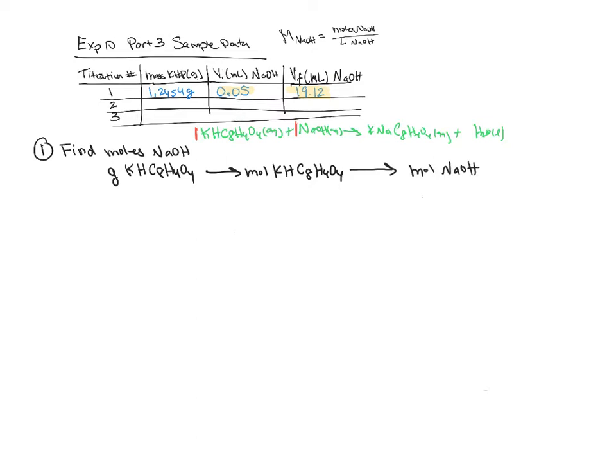Again, we convert from grams to moles using molar mass from the periodic table of the potassium, 5 hydrogens, 8 carbons, and 4 oxygens. We can convert from moles of KHP to moles of NaOH using our mole ratio from our balanced chemical equation.